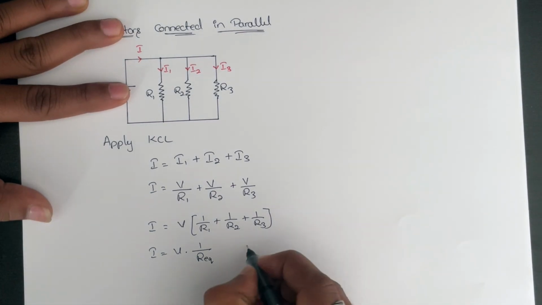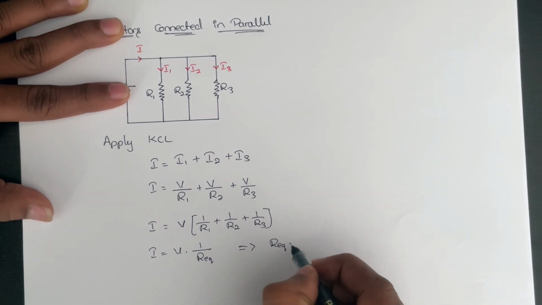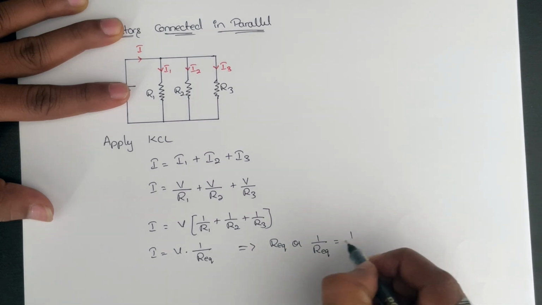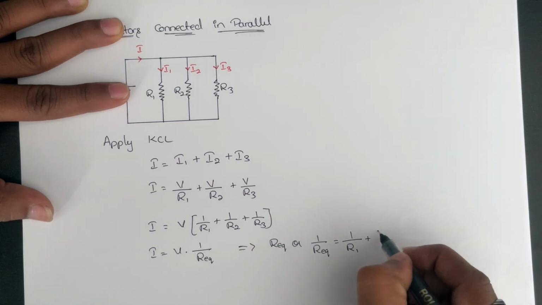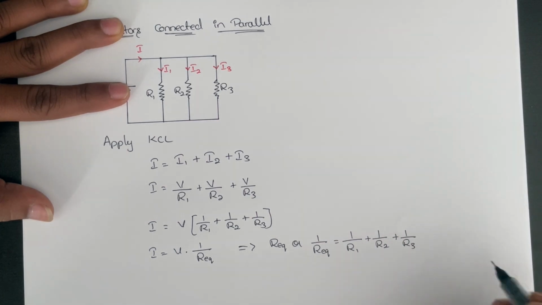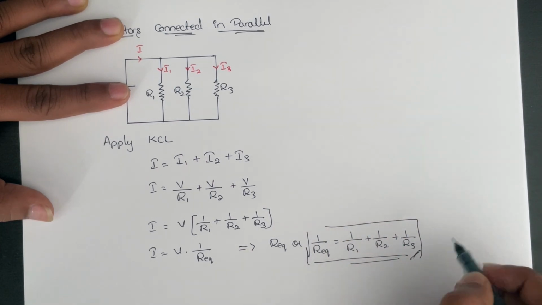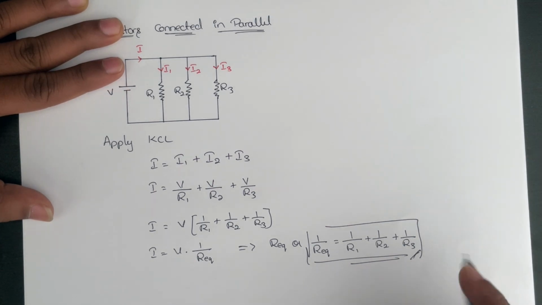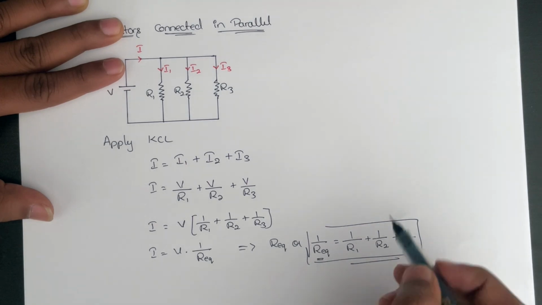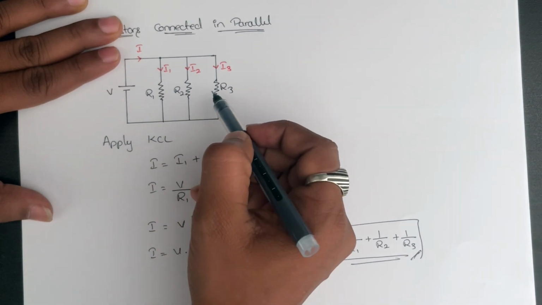From this we can say 1 divided by R equivalent is equal to 1 divided by R1 plus 1 divided by R2 plus 1 divided by R3. From this equation, we can say that the value of equivalent resistance is always less than the lowest resistance connected in the parallel circuit.